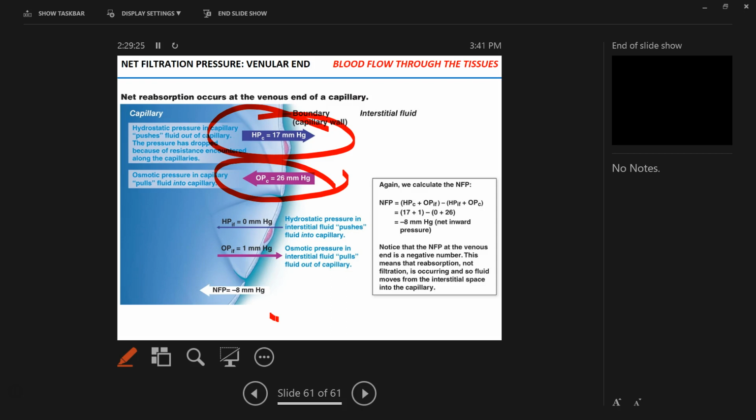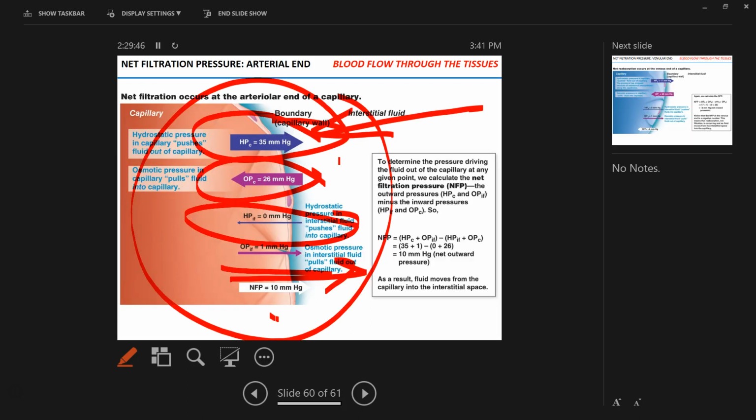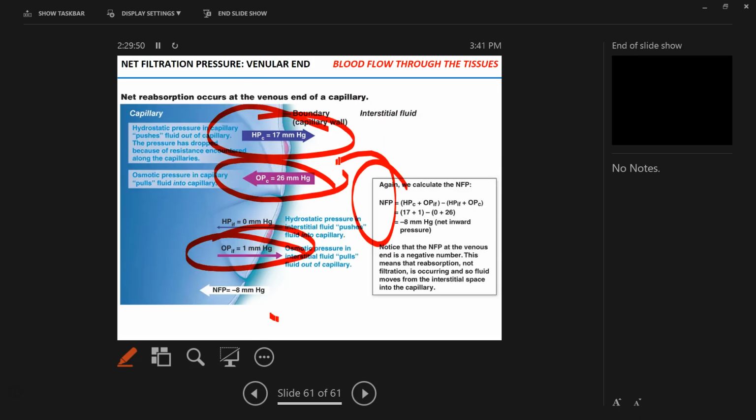These 9 are directed towards the capillary, right? And there's this little osmotic pressure from the tissue that takes 1 out of 9. Does that make sense? Because it's in opposite direction. So what's the resulting so-called net filtration pressure? 8. What was net filtration pressure at the arterial end? 10. Here's 8.